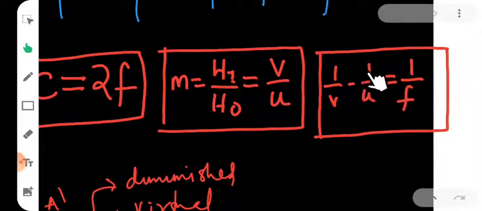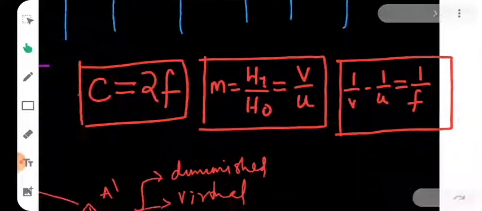In the mirror formula I taught you to do it this way so you can compare the mirror formula to the lens formula, because in the mirror formula it is 1 by v plus 1 by u, but in this case it is 1 by v minus 1 by u. So these are the three major equations which you need.